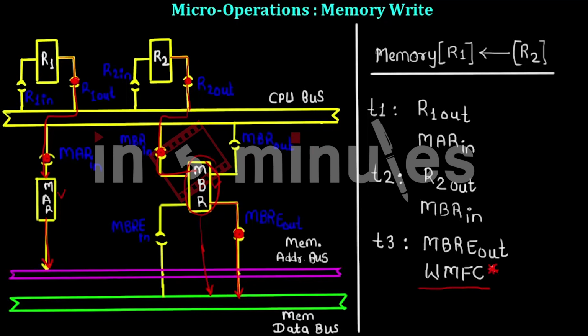So it is going to check for the MFC signal every time, and this MFC signal is only going to be active when data is written to the memory location and it is acknowledged. So after data is written, the MFC signal is active and it resets the WMFC signal, and the memory write operation is complete.